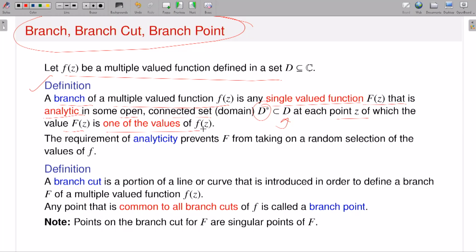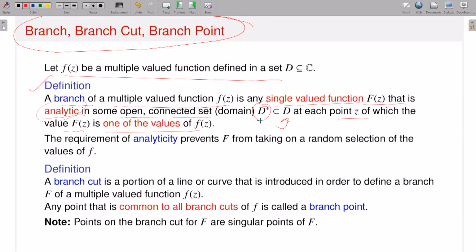So that means you have a multi-valued function in some domain D. First you get a single valued function capital F on domain D, and I demand that this single valued function capital F need not be analytic on the full domain D. But if there is some subdomain D star where my function is analytic, then I will say that this is a branch.